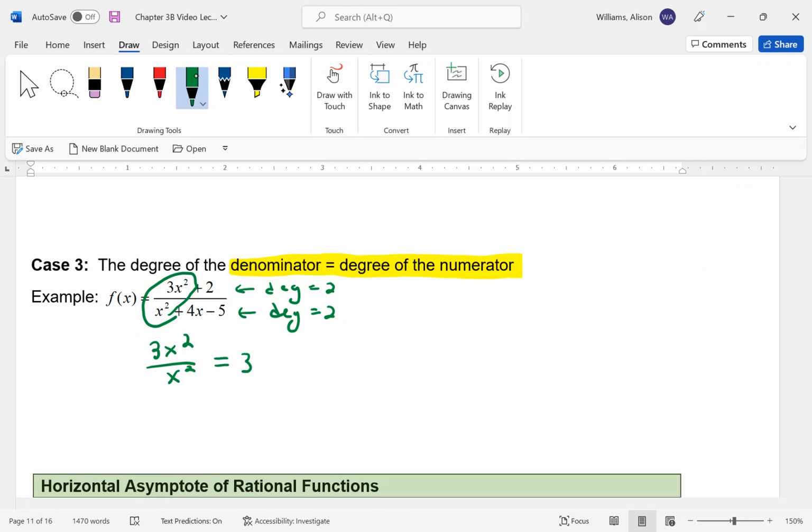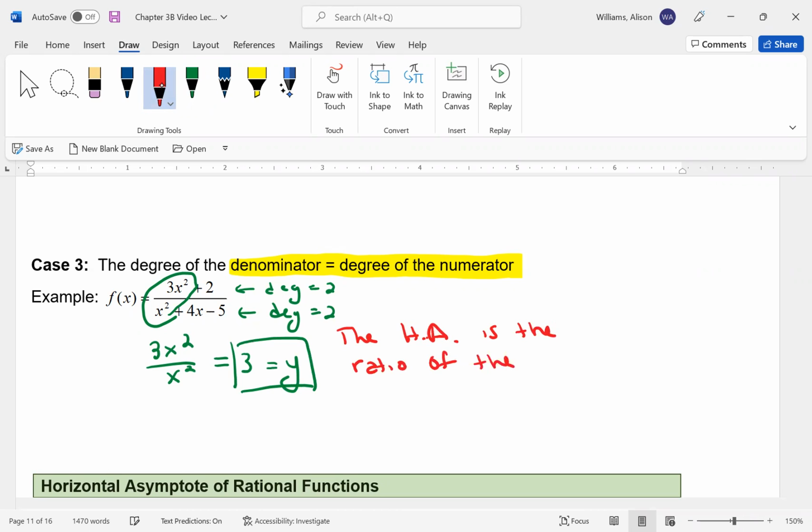So the horizontal asymptote is y equals 3. So the horizontal asymptote, and here I'm going to abbreviate that, HA, the horizontal asymptote is the ratio of the leading terms. So if that had reduced to a 5, it would have been y equals 5. If it had reduced to a -1, it would have been y equals -1.